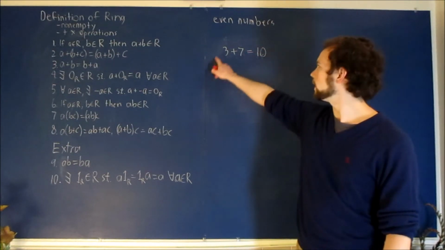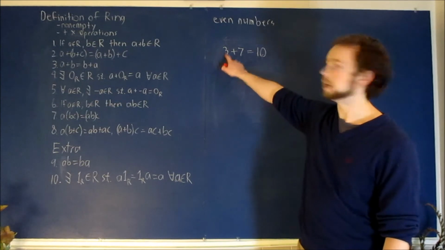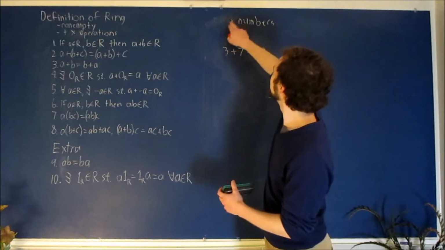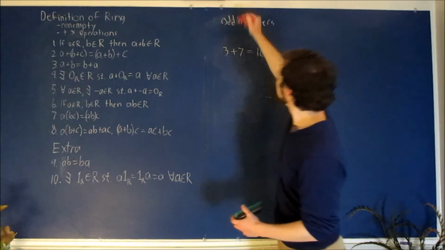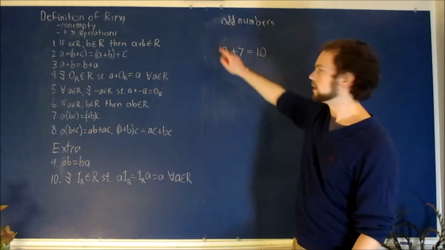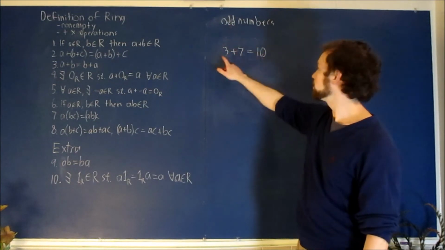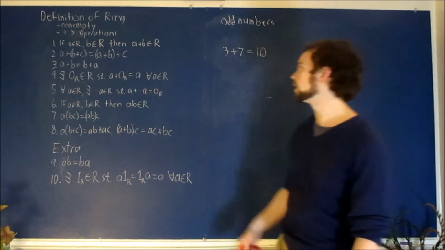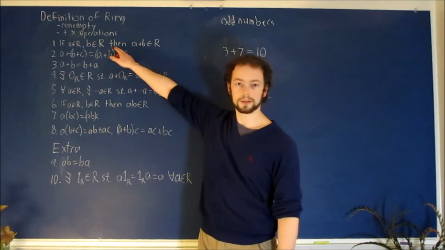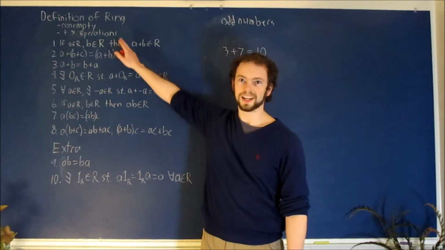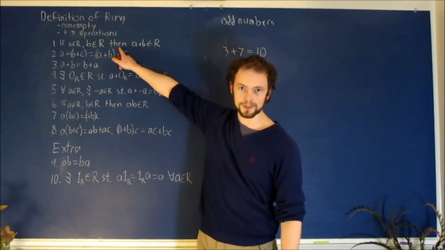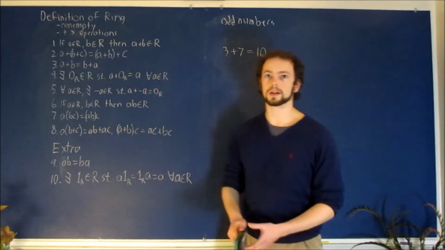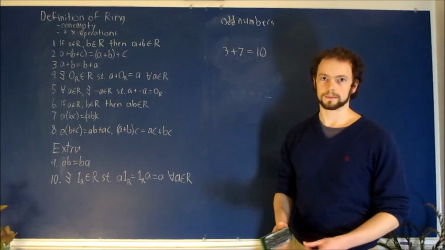So look at this. I took an odd number, a number in this set, and I added it to another number in this set, but I got a number that is not in this set. So with the odd numbers, I was able to escape the set through addition, right? So we violated this very first axiom here. So just based on that alone, this already fails to be a ring, okay?